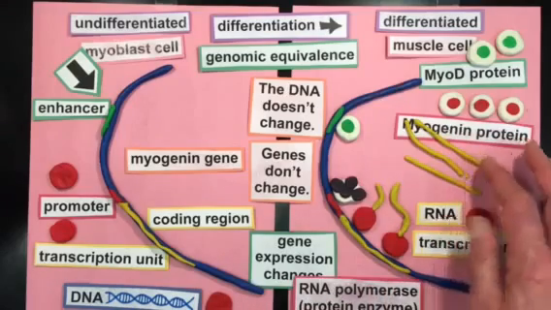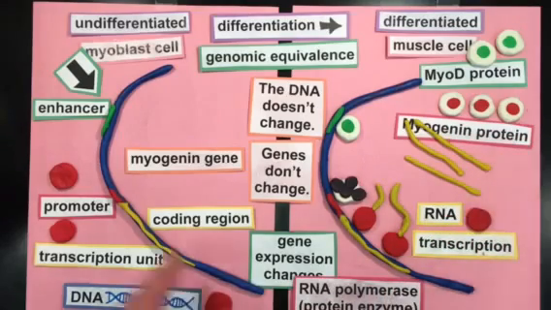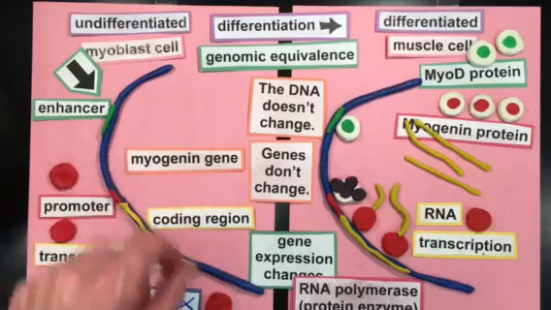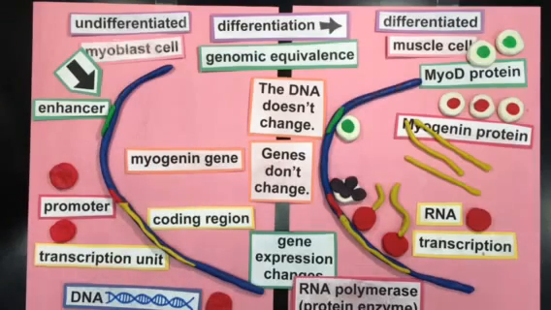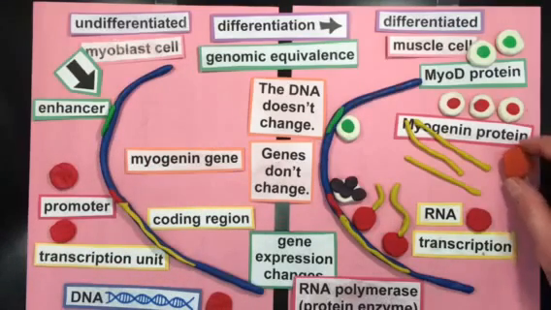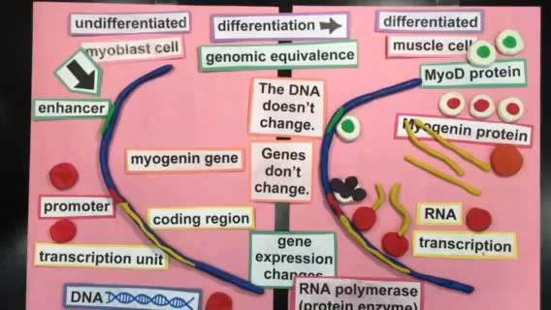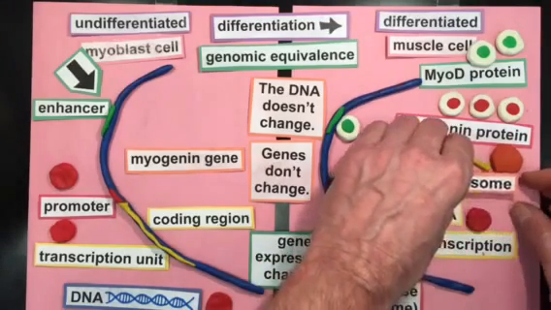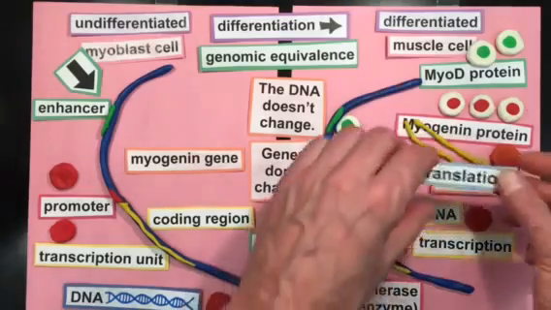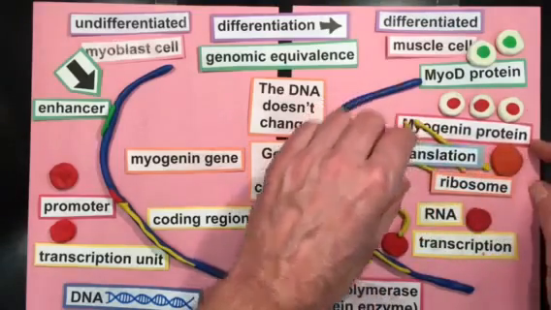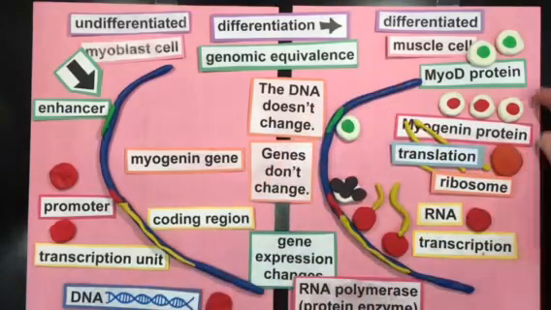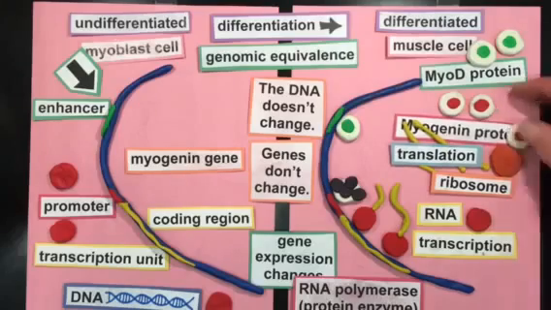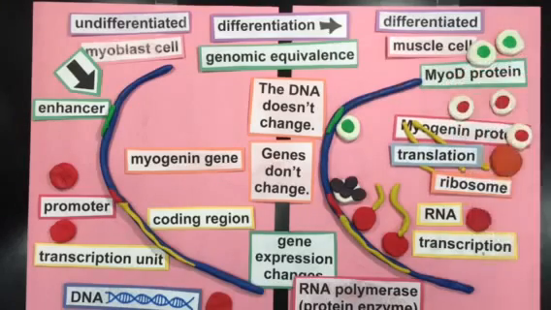There are many of these in a differentiating muscle cell. There are none in a myoblast cell. The RNAs are bound in the cytoplasm to ribosomes, and through a process called translation, the RNA is used to guide the synthesis of the myogenin proteins.